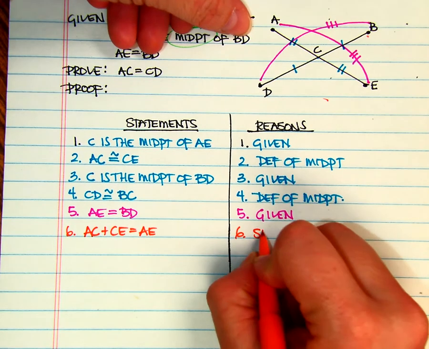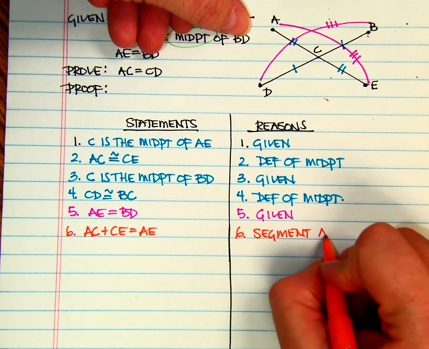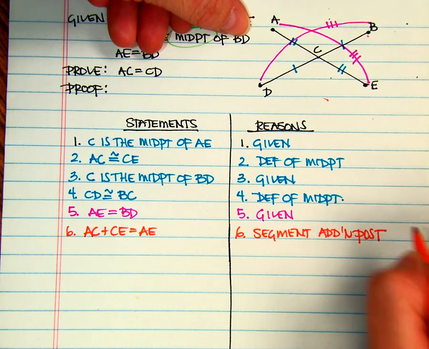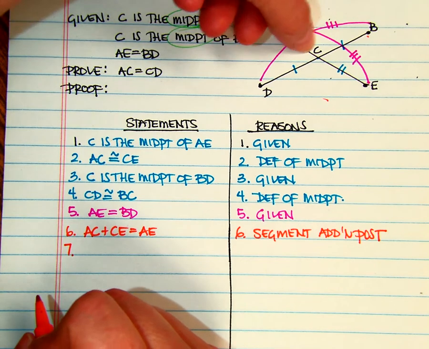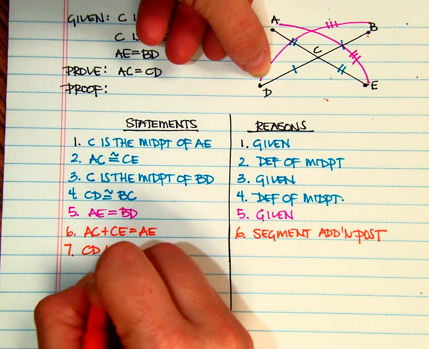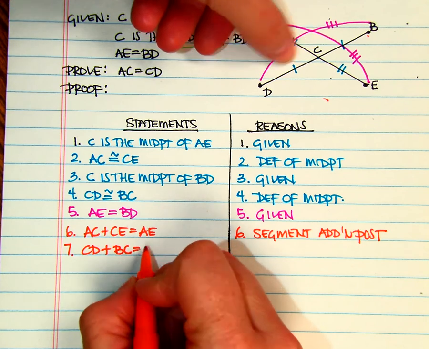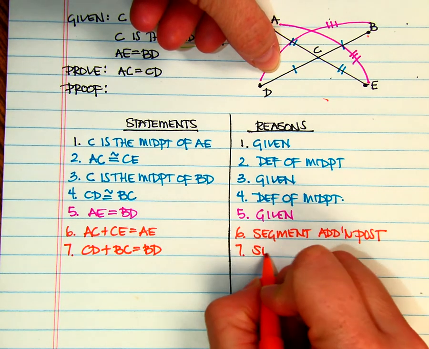So that is the segment addition postulate. And then I have another segment of CD plus BC, because I want to be consistent, equals all of BD, again by the segment addition postulate.